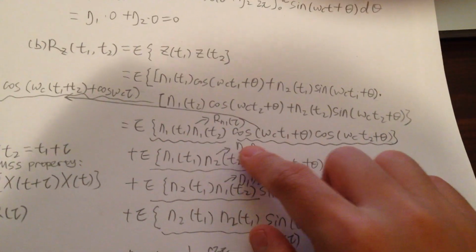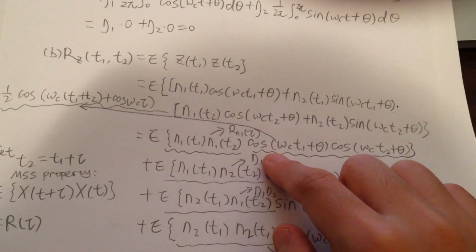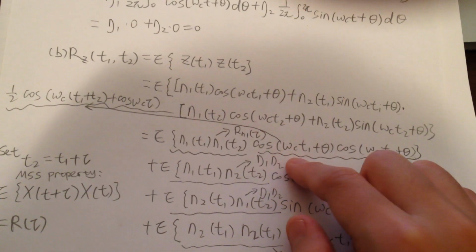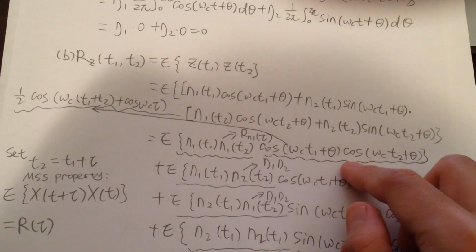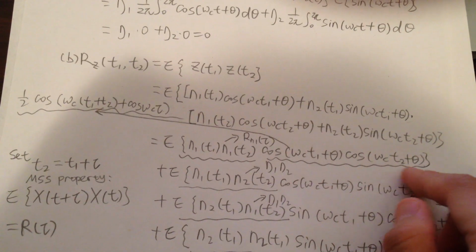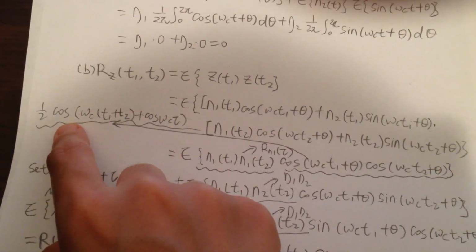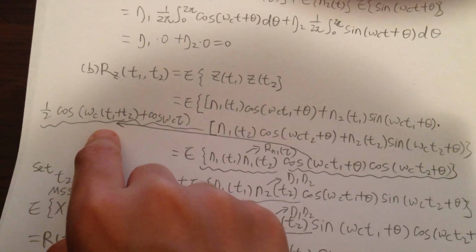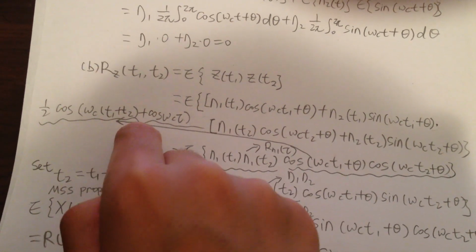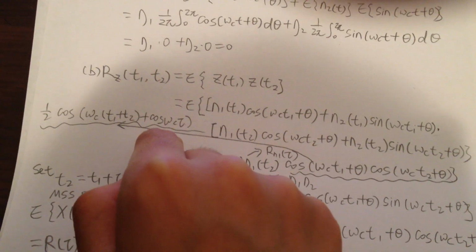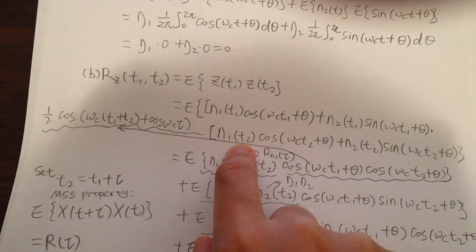So we also need to change this cosine(ωc t1 + θ) times cosine(ωc t2 + θ), which equals a half times cosine(ωc(t1 + t2) + 2θ) plus cosine(ωc τ).